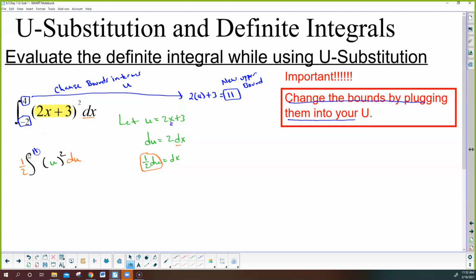So that's going to go right here. And then you have to do the same thing with the bottom. We're just plugging in, if u was 2x plus 3, we're just going to plug in 2 times negative 2 plus 3 and evaluate. So we get negative 4 plus 3. And there's my new lower bound.